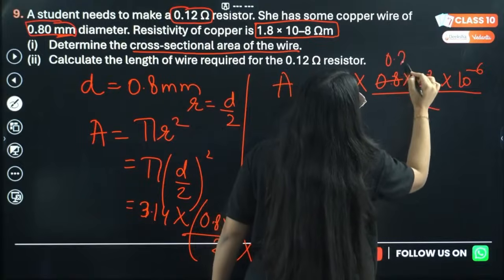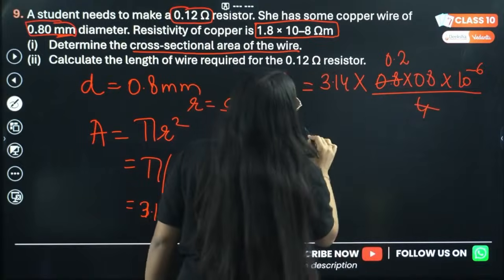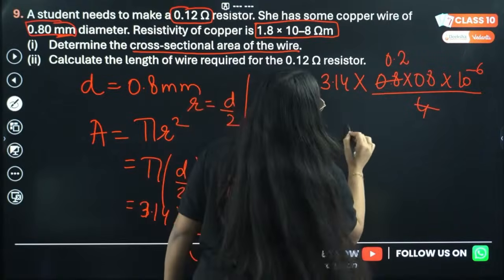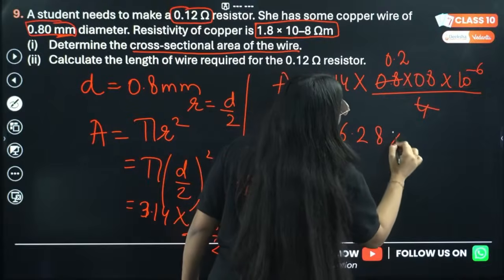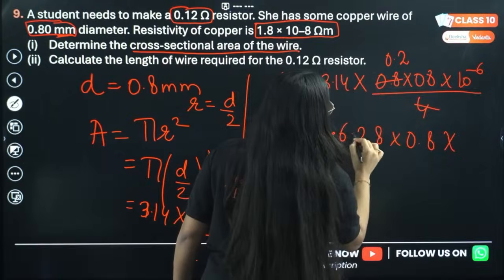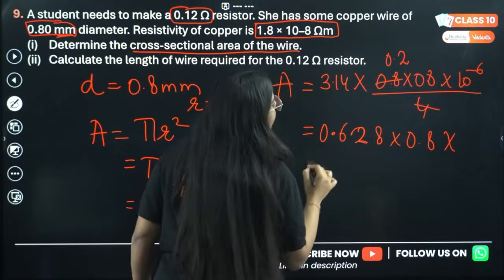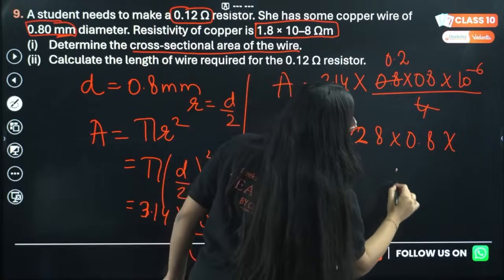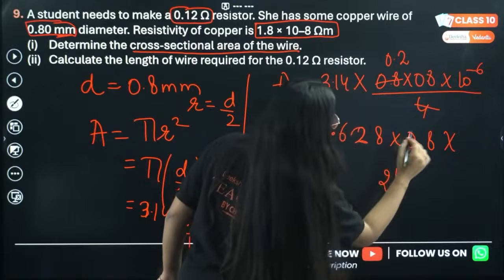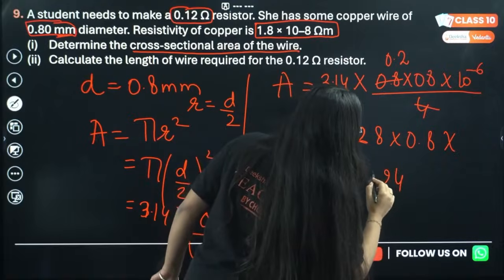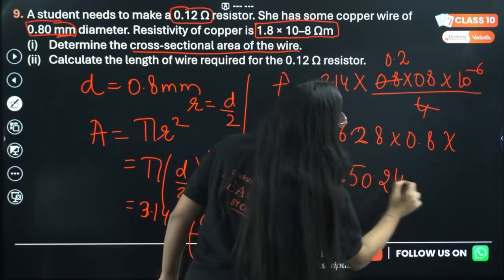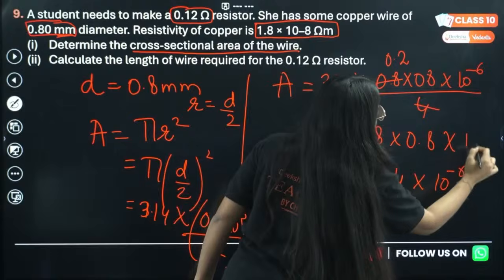This will be 0.2. So you can just multiply this, 6.28 into 0.8, and this was 2, so this will be 0.628, and if you multiply it again you will get 5024, and the point will be here, and 10 raised to power minus 6.